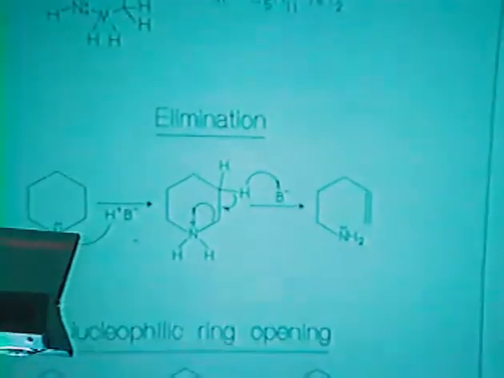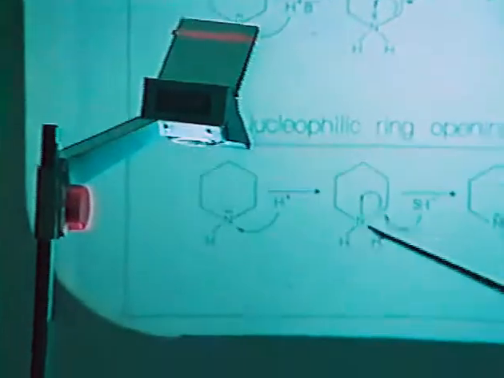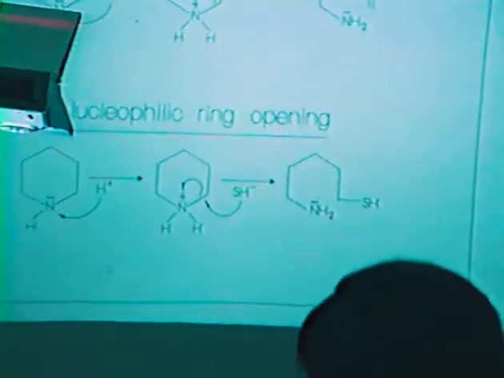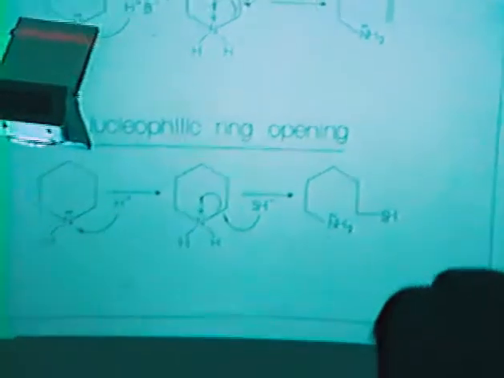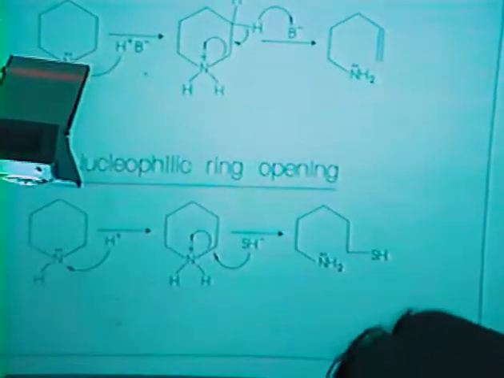A proton coming from the surface quaternizes the nitrogen, and then a hydrogen coming from the beta position goes to the Bronsted site, to the Lewis base. And finally, in the nucleophilic ring opening, a hydrogen also quaternizes the nitrogen, and a sulfhydryl group bonds to the alpha carbon, and the carbon-nitrogen bond cleavage proceeds.